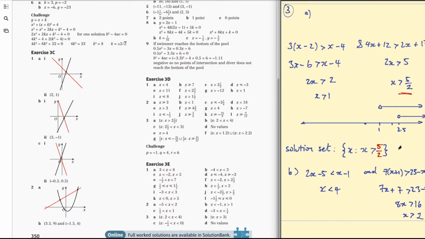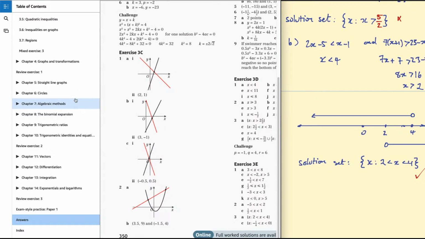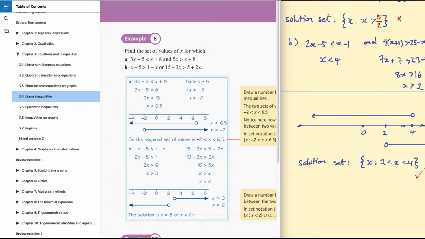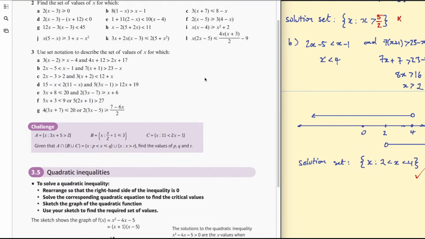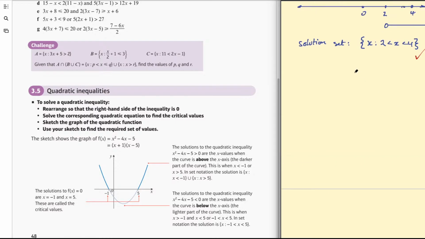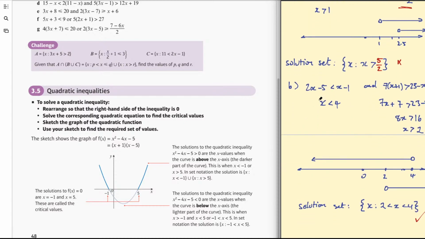Bit of a blind spot there. Okay. But the next one we did get correct. X between 2 and 4. Alrighty. Okay, linear inequalities, not too bad. Just don't make mistakes like that, I guess.